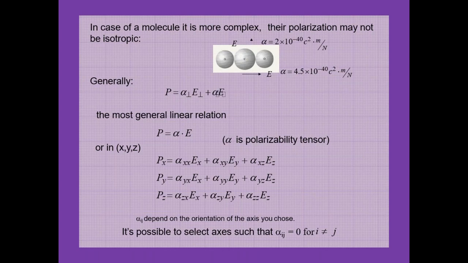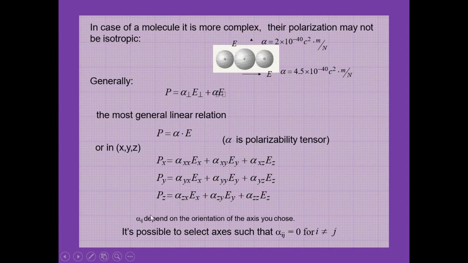Generally, we use this for molecules: the most general linear relationship, with alpha the polarizability, put in the three coordinates. We have p_x equals alpha_xx E_x plus alpha_xy E_y plus alpha_xz E_z. The same thing applies for p_y.